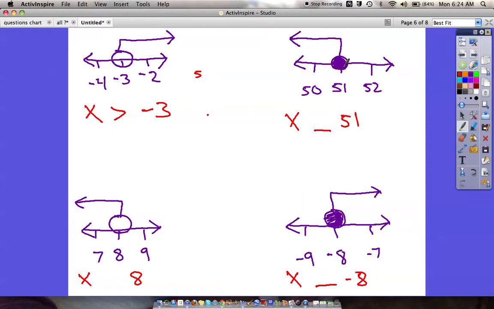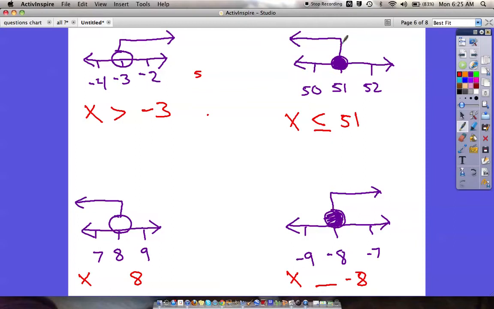I need numbers smaller than 51. Since it's smaller than 51, if I have my x first, that should be a less than. And I already put my or equal to underneath because the dot's filled in. But I want to check and make sure that I'm right. So let's pick a number that this arrow is pointing to that should be a solution to this.